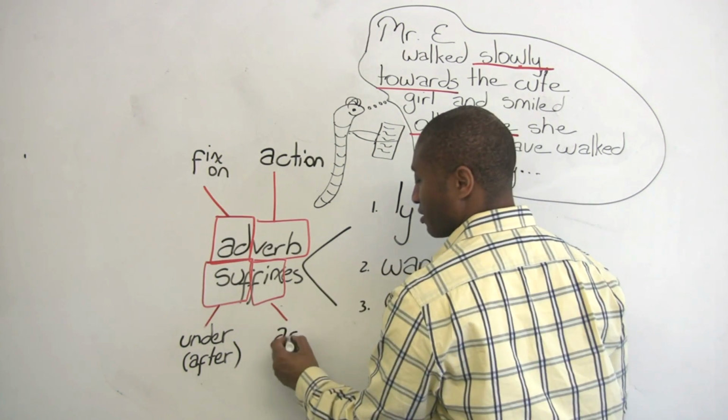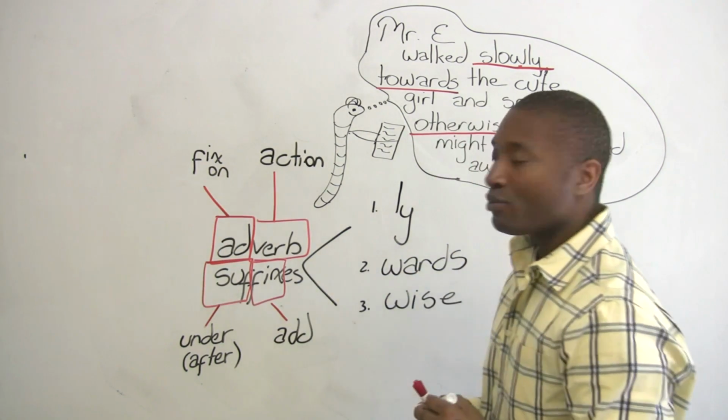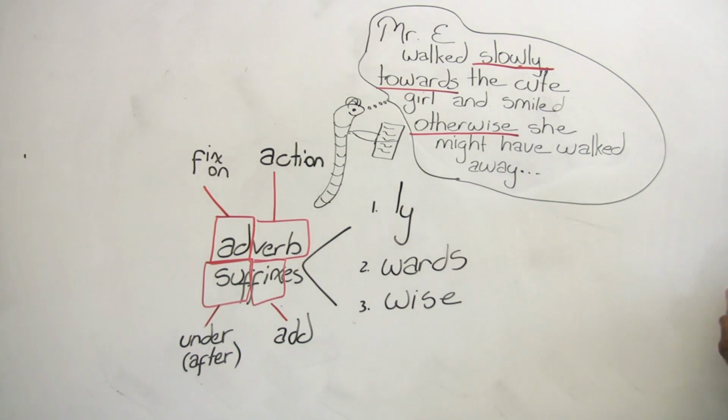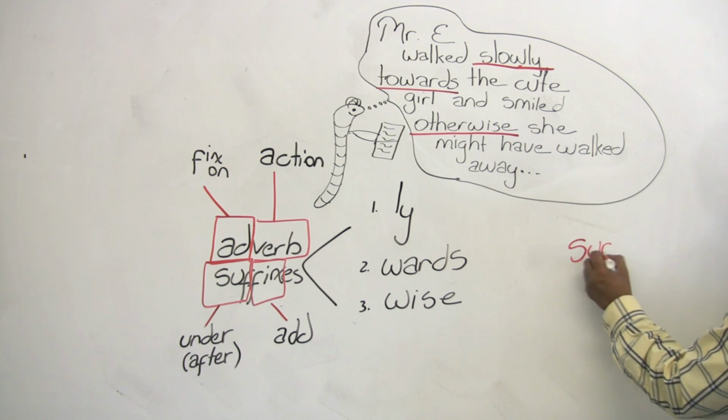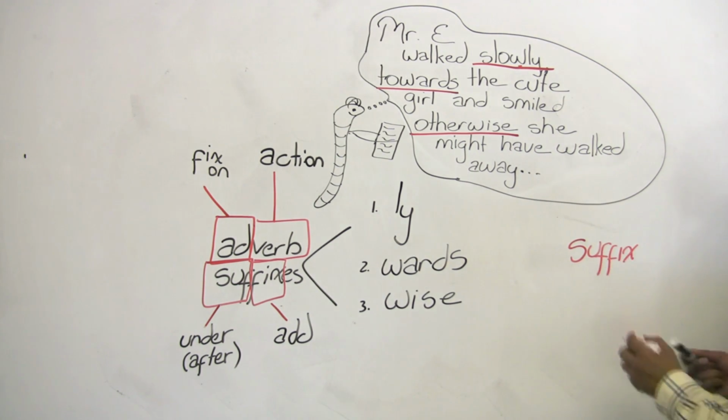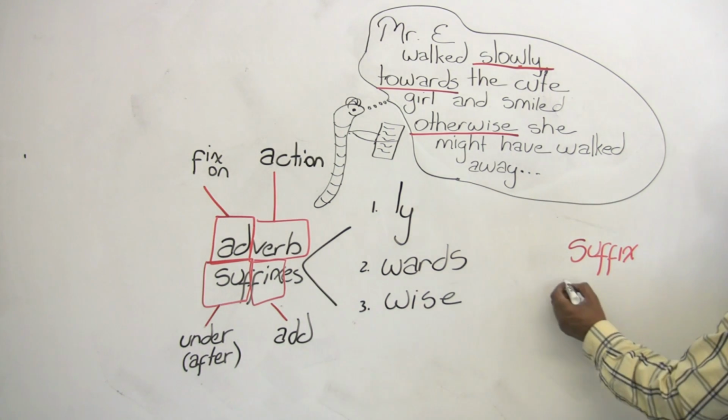Add, fix, add. So what we're trying to say here is this. When you have a suffix, the word suffix basically means, you can probably only see my arm right now, but that's okay. It's a magic arm. Okay? Suffix.